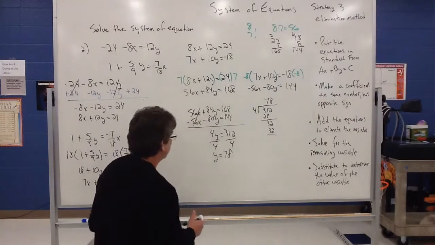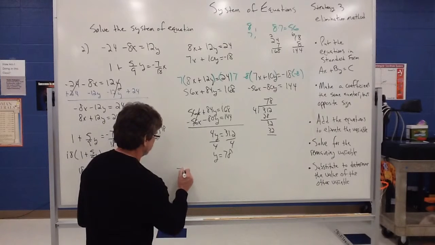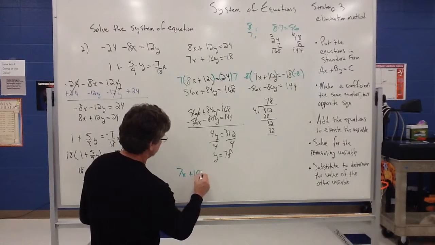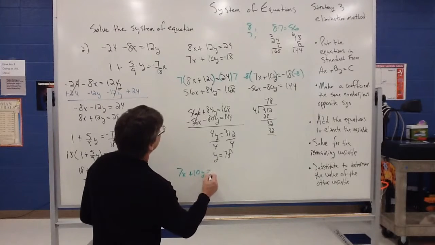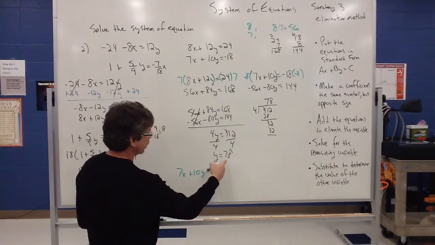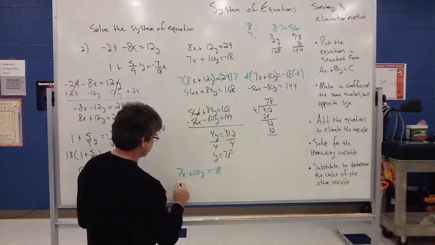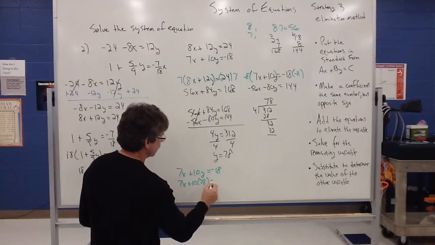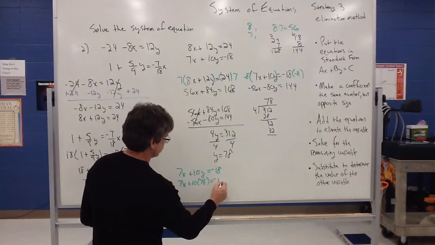So I'm going to have 7x plus 10y is equal to negative 18, and I'm going to replace the y with that 78. So I'm going to have 7x plus 10 times 78 equal to a negative 18.